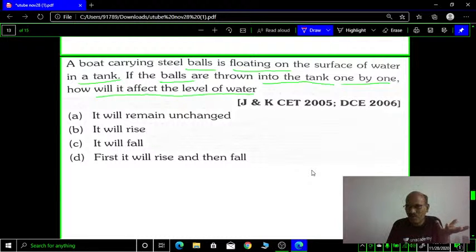See, the balls are thrown into the tank, one by one you are throwing into the tank. So what happens? It will rise. The level will definitely rise.